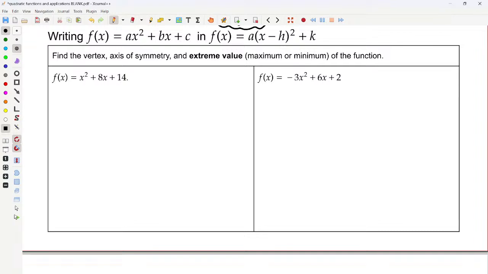Today, in this particular example, we're going to specifically talk about standard form as well as vertex form. And right now, converting from standard to vertex.